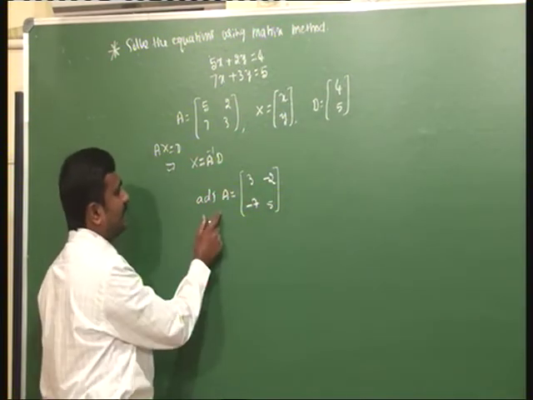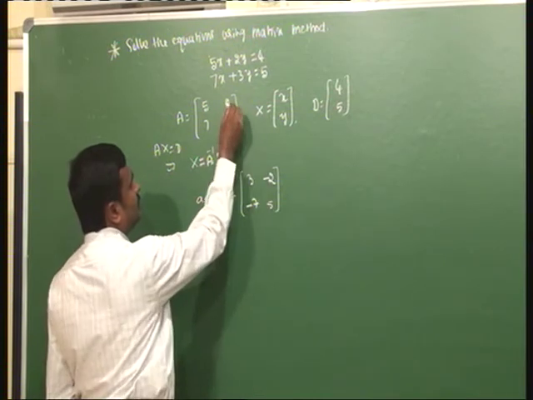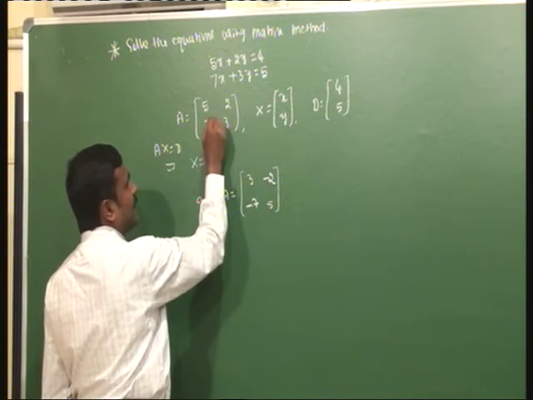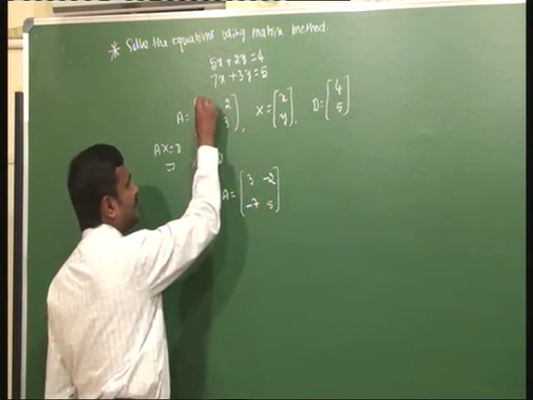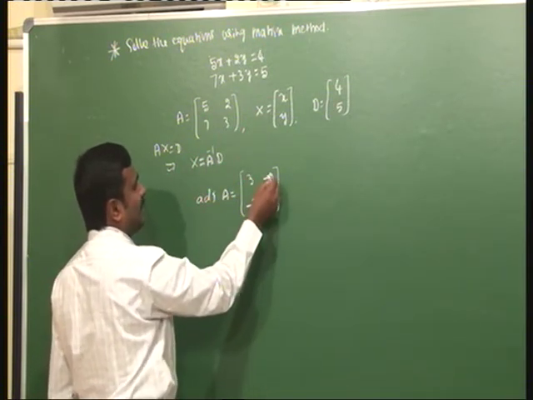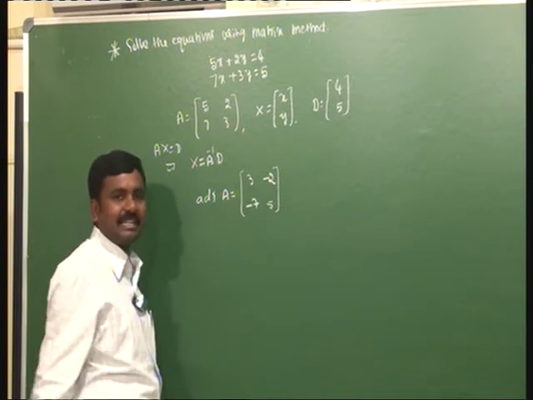Therefore, adj A is equal to 3, minus 2, minus 7, 5. These two are the secondary diagonal elements and these two are the principal diagonal elements. I interchanged the principal diagonal elements and changed the sign of the secondary diagonal elements.